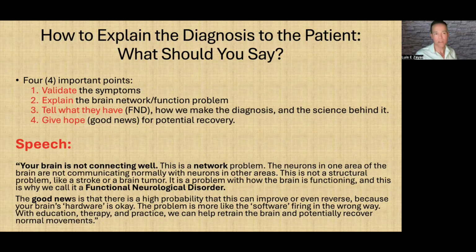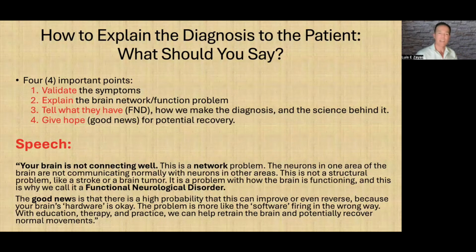So the first step is to tell the patient, but you need to follow these 4 important points, step by step, okay? And these are the 4 steps. You need to validate the symptoms, okay? They need to feel like you are paying attention and you care.